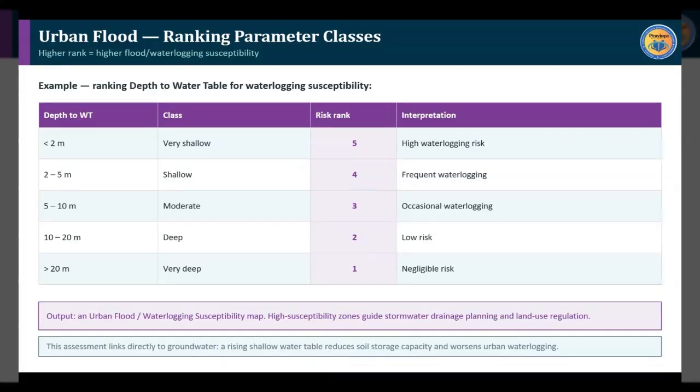Which means the same parameters that you generate, you can use across different assessments. So once you have built a good library of these thematic layers, you can run many assessments from it. I cannot stress this enough, but this is a practical efficiency of multi-criteria decision analysis.